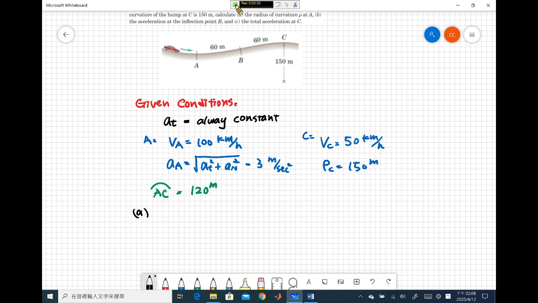First of all, we want to determine the radius of curvature at A. Now we know the position difference from A to C is 120 meters. Then we also know the a_t is always constant. So based on that, you should be able to come up with these ideas. For example, dv over dt will be a, and ds over dt will be your v.